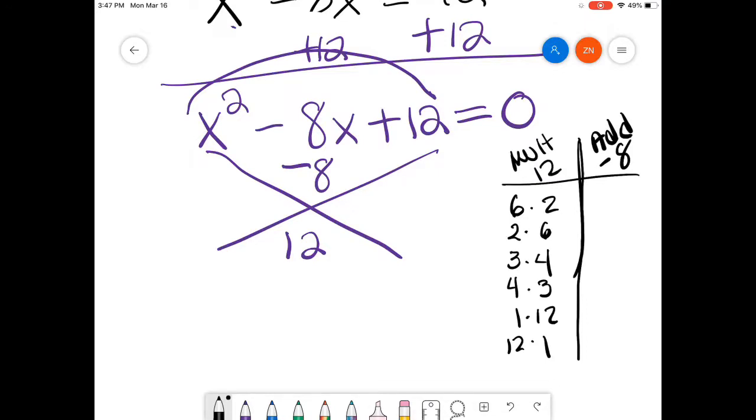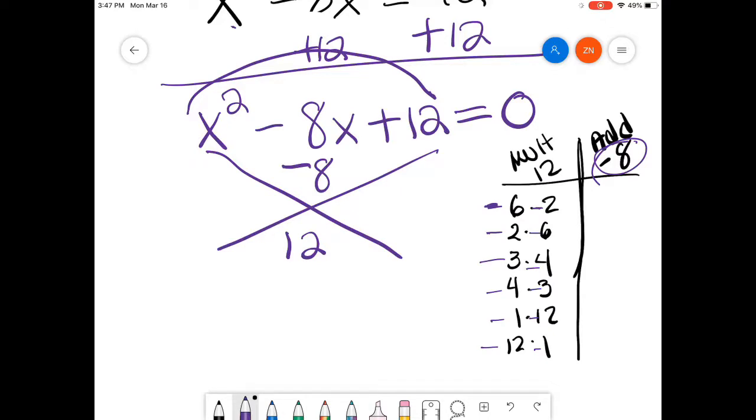If I have a positive 12, critically think right now, how do I get a positive 12 when I multiply? I know a positive times a positive is a positive. I know that a negative times a negative is a positive. So perhaps these situations will be negative. Negative 6 times negative 2, negative 2 times negative 6, negative 3 times negative 4, and so on. I need to make all of these negative. Why? Because I need to get a negative 8.